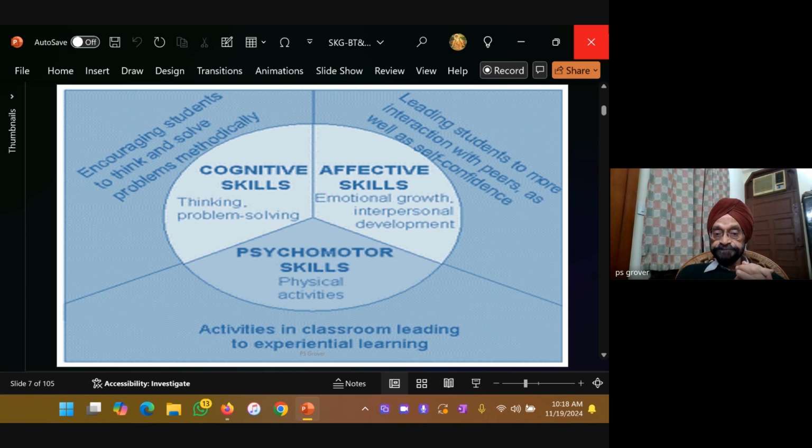Affective skills lead students to be more interactive with peers as well as build self-confidence. That means they have emotional growth and interpersonal skills. And then the psychomotor, that is the physical activity, so activities in the classroom leading to experiential learning. Now these learning abilities are already present in every human being.